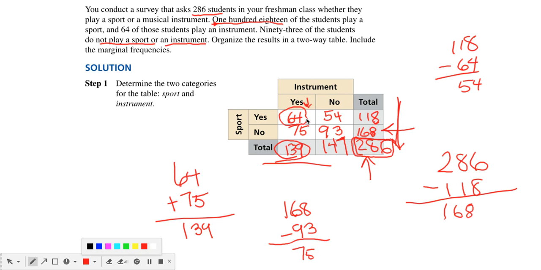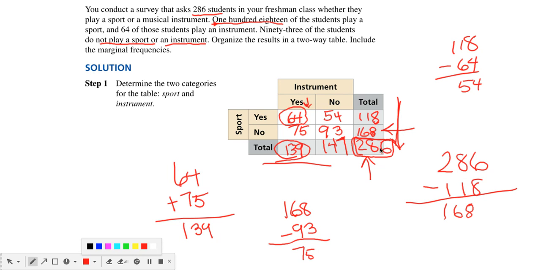If I ask you to interpret that particular value, what does that mean exactly? If you were looking at this whole table, it would mean there are 64 students who play a sport and play an instrument, because it is a yes and a yes. So you could interpret any number of these values and make sense out of them.